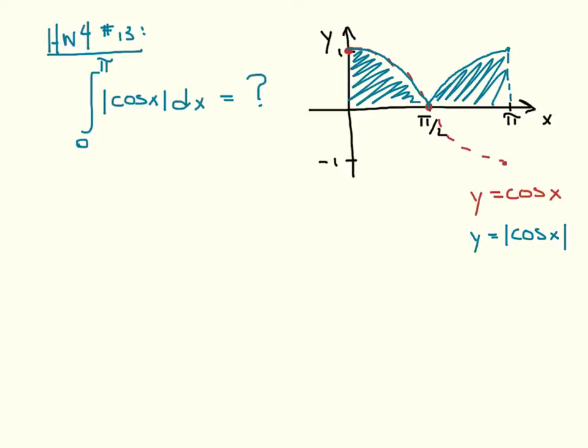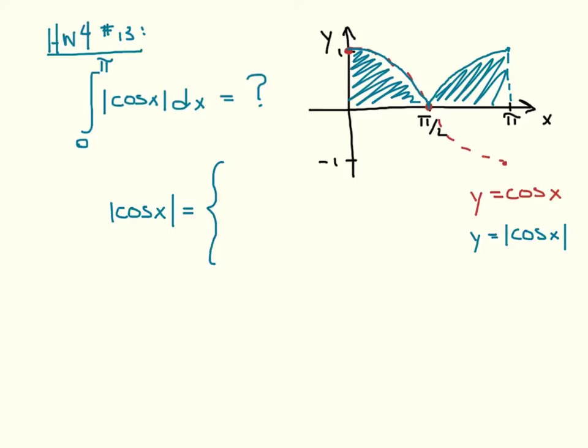Okay, now a way to explain what's going on without the graph, just algebraically, is to consider the function absolute value of cosine as a piecewise function. So to do that, we're going to split it up into pieces which are positive and pieces that are negative, and then change the sign of all the pieces that are negative.